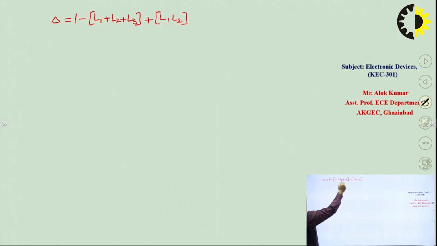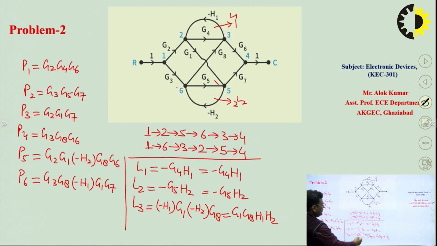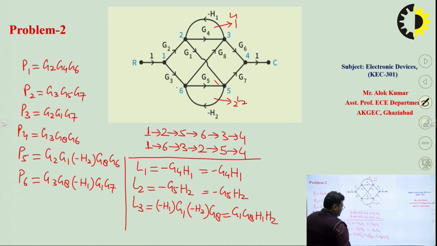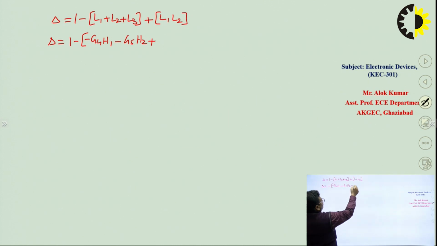Now we can put the values of L1, L2 and L3. So delta will be 1 minus, L1 is minus G4H1, L2 is minus G5H2, and L3 is G1, G8, H1, H2.